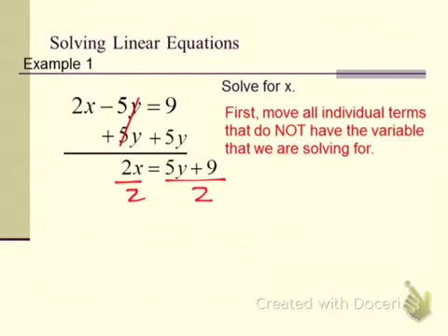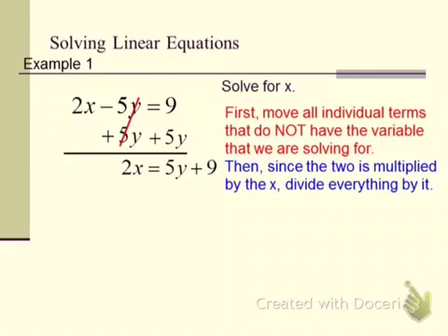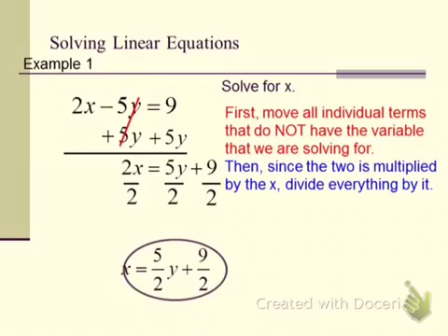Either way is correct. When we're doing y equals mx plus b, we want to divide the individual pieces so we can see the slope and the y-intercept. So we've got to divide everything by 2. And that's going to give us x equals 5 halves y plus 9 halves.